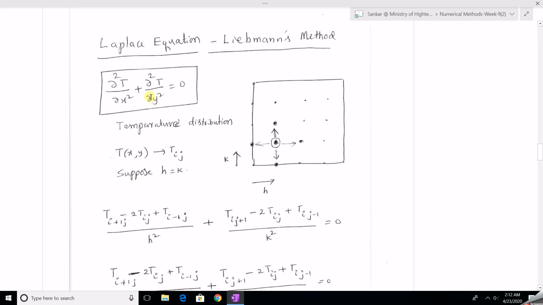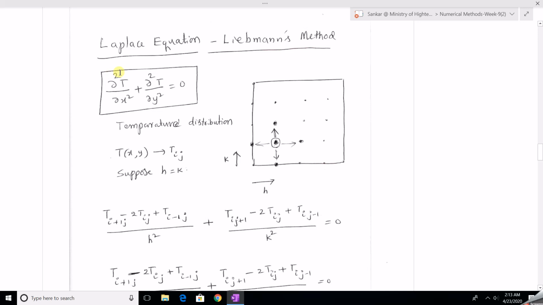So to solve this Laplace equation by Liebmann's method, we suppose h is equal to k. That means the spacing along the x-axis and the spacing along the y-axis are both the same. Now to solve this Laplace equation, we replace the second order derivative with respect to x by its approximation, and the second order derivative with respect to y by its approximation.